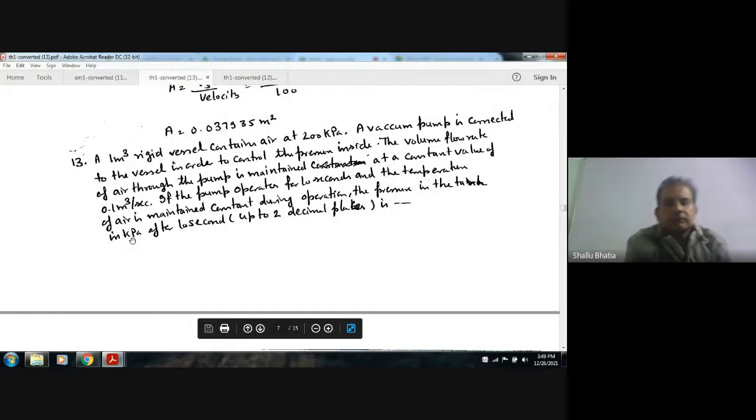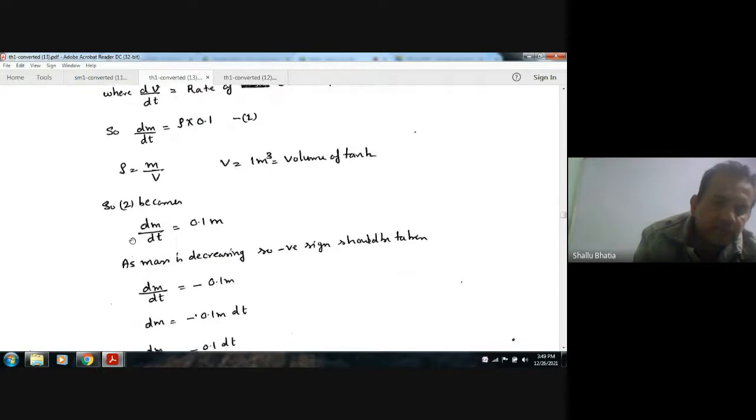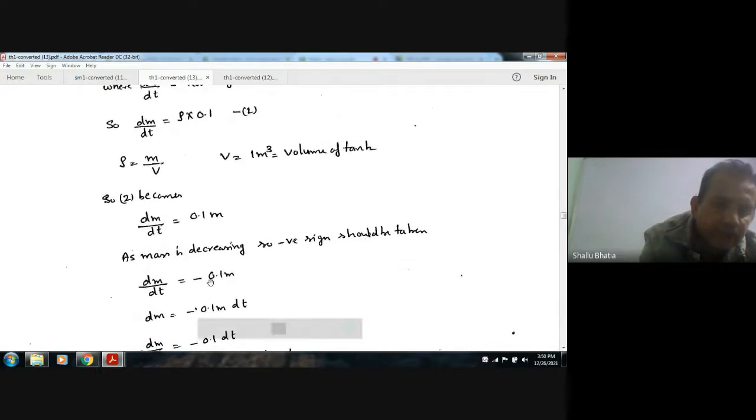As the pump is taking the air out, the mass is decreasing, so the sign here should be negative. So dm by dt is minus 0.1 m.